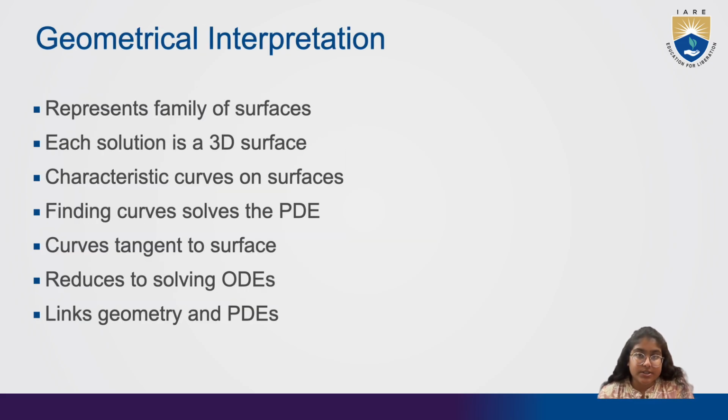To build better intuition, let's look at the geometrical meaning of Lagrange's linear equation. Each solution represents a surface in the three-dimensional space defined by z is equal to z of x comma y. The characteristic curves we find by solving the auxiliary equations are paths that lie on the surfaces. Each point on the characteristic curve is tangent to the surface, meaning that the direction of the curve matches the slope of the surface at that point.